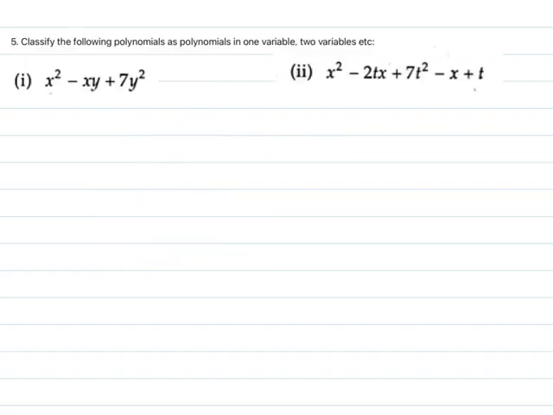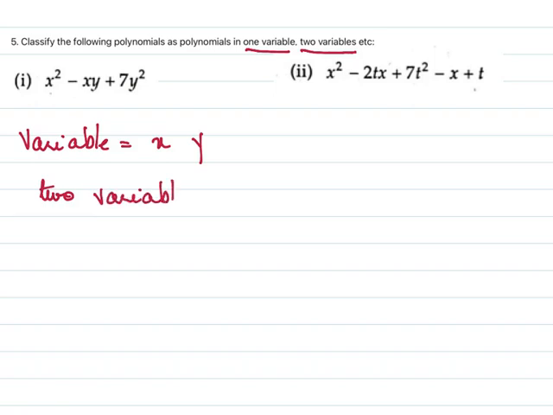Classify the polynomials as one variable or two variables. One variable has got one variable, two variables have got two. Now here if you see in this one, the variables are x and y. So this is a polynomial in two variables. And the second one, how many variables do we have?